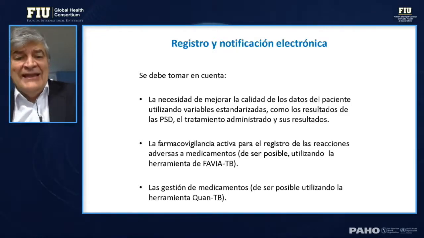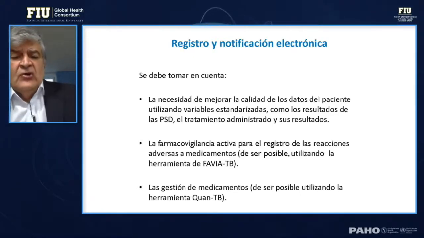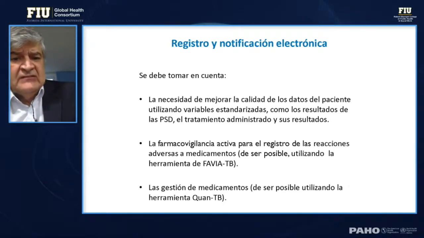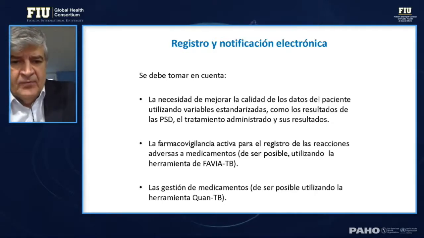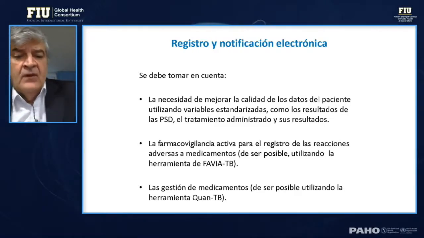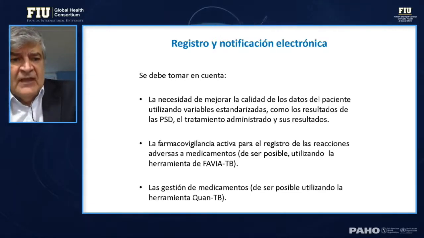As to the information systems and electronic reporting, the quality of the data needs to be improved, as well as the communication of information regarding results, regarding treatment administered and results, and active pharmacovigilance for the registry of adverse reactions to drugs.